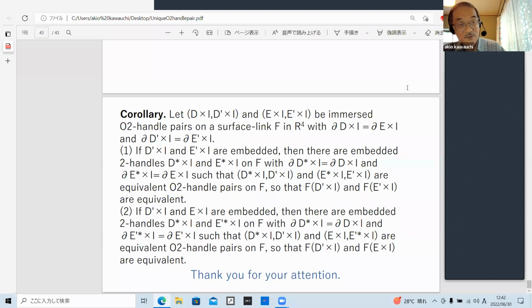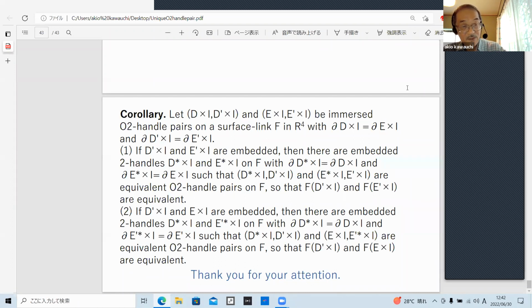Then if D cross I and E dash cross I are embedded, there are embedded 2-handles D star cross I and E star cross I on F with the same boundary, such that these pairs are equivalent O 2-handle pairs. So that the surface links F D cross I and F E dash cross I, by some such surgery, are equivalent.